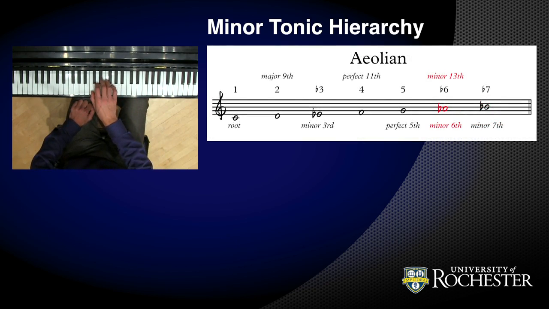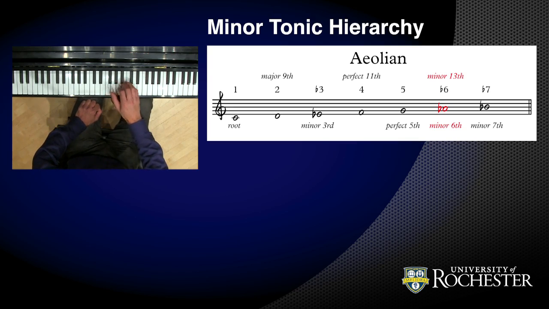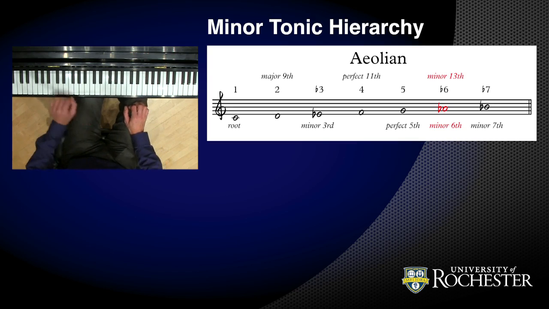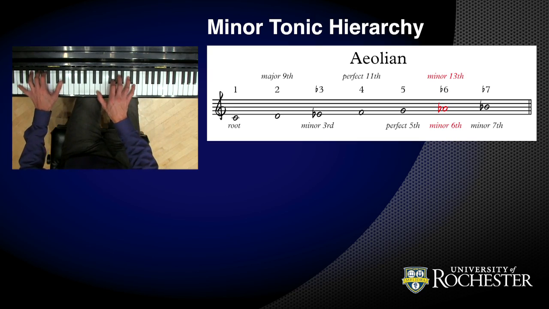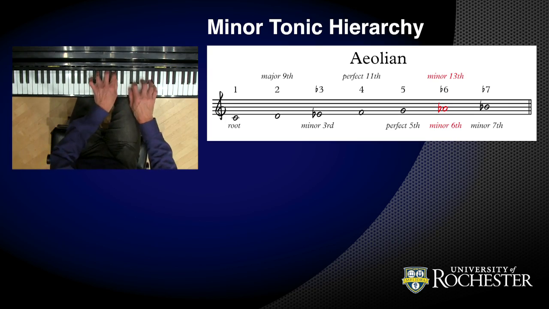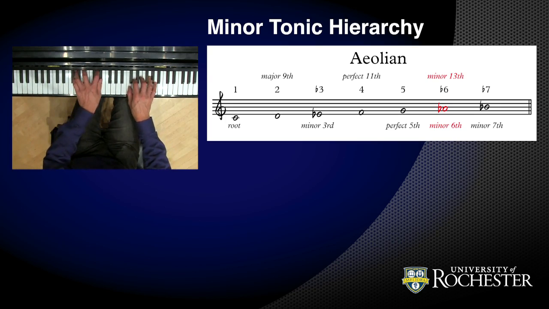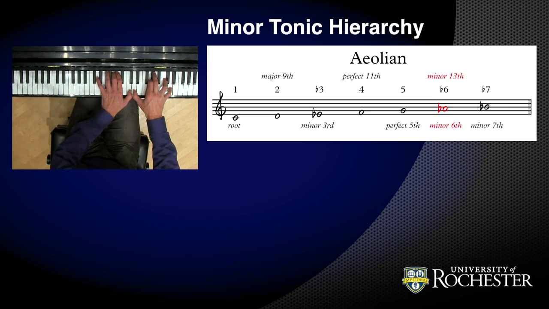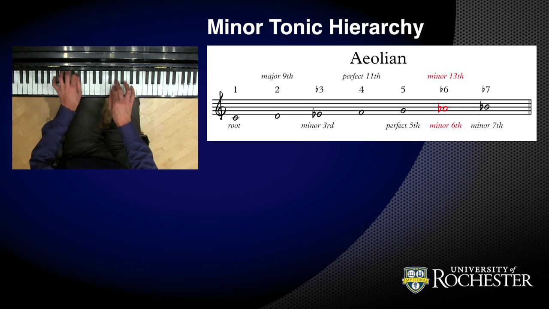Aeolian, and the beauty mark is on flat 6 or flat 13. So here's the sound of the Aeolian mode. It's very solemn on the account of flat 6. That's your minor tonic chord with the flat 6. And all these notes are derived from the Aeolian mode.